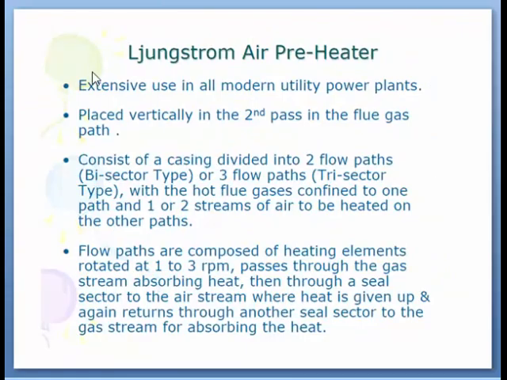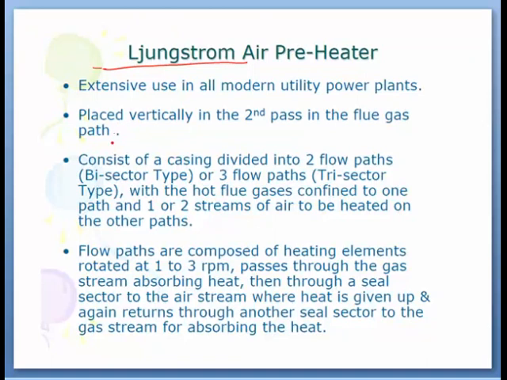As in modern power plants, the Ljungstrom air preheaters are used, so our discussion will be mainly focused on this type of air preheater. It is placed vertically in the second pass of the flue gas path, that is in the convective pass.